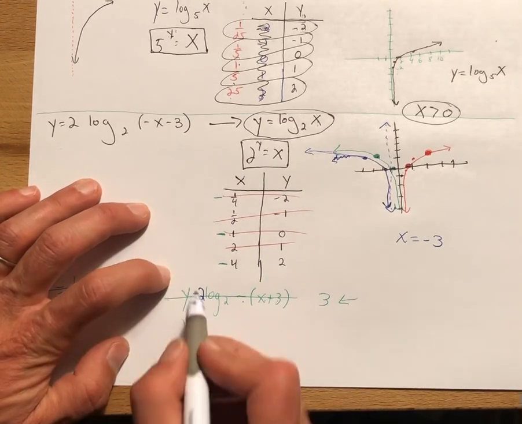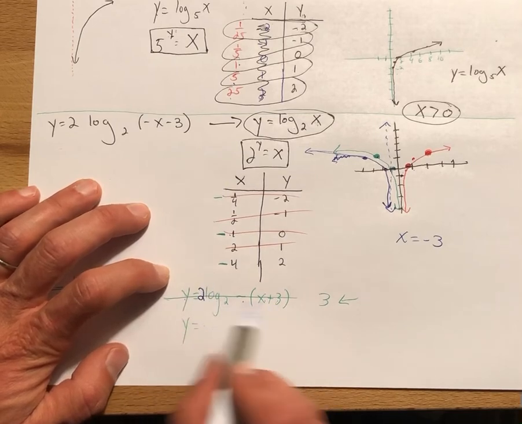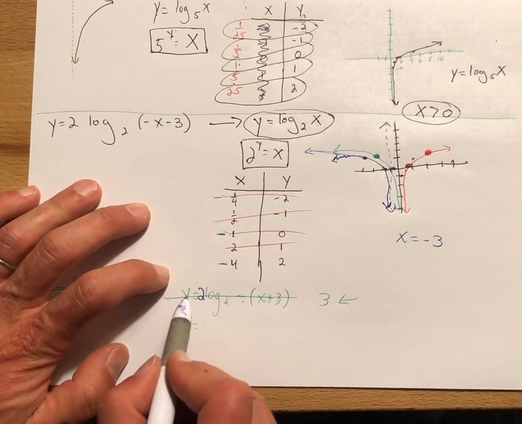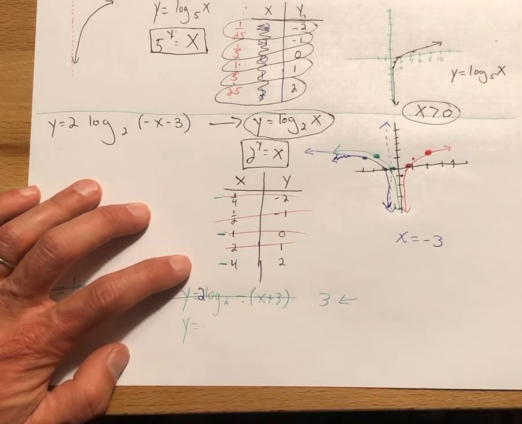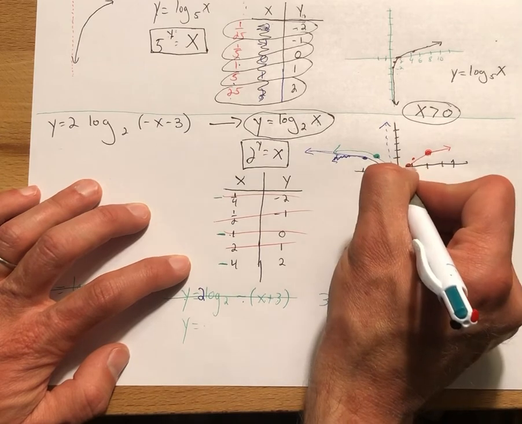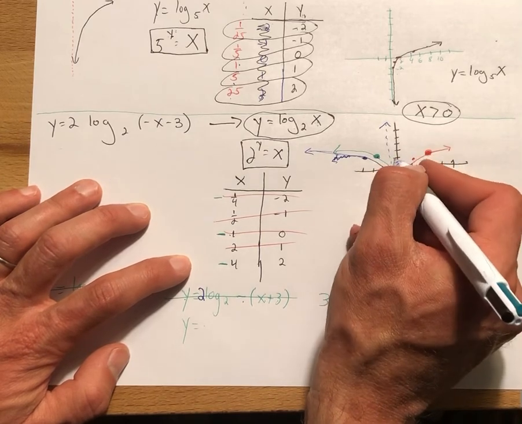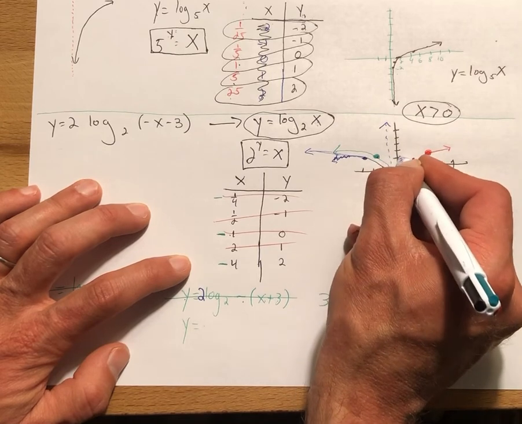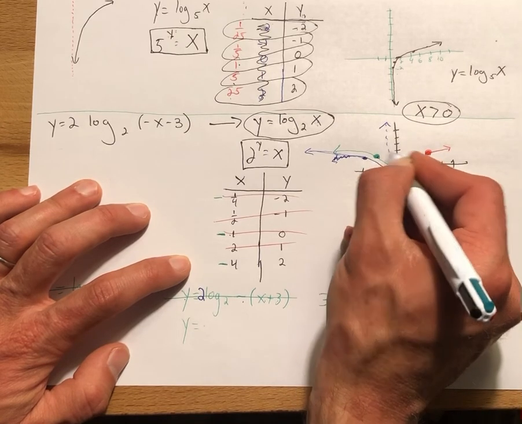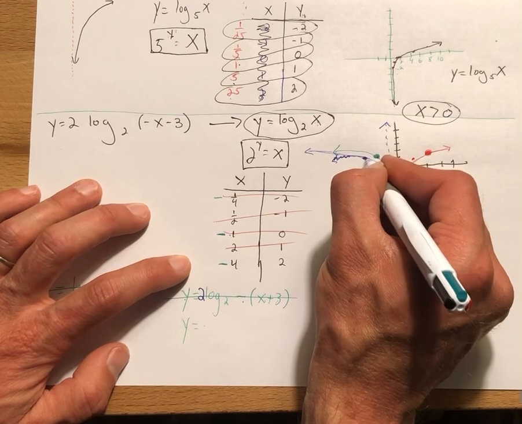That means my y has twice this value. So my y equals twice this now. What is this point right here? If my y equaled 2, now my y is going to equal 4.